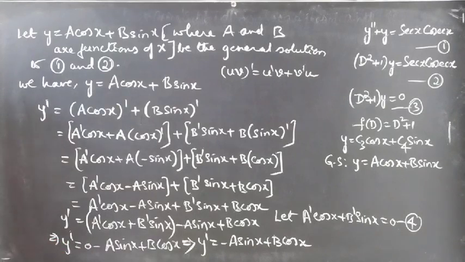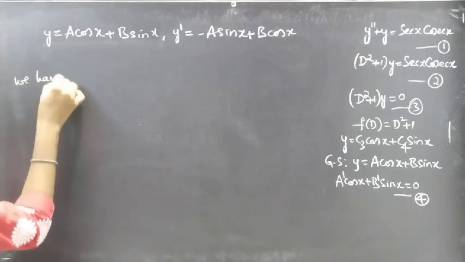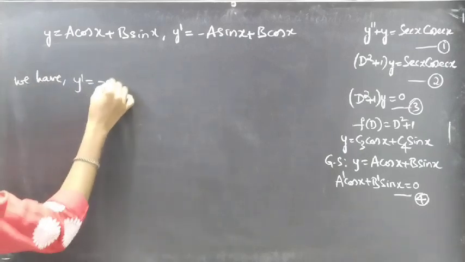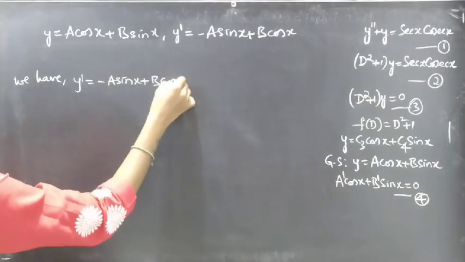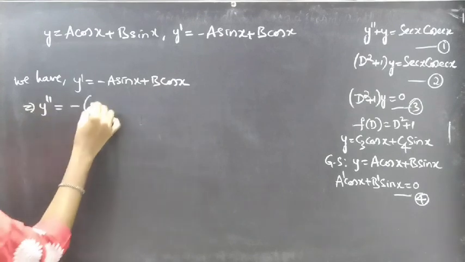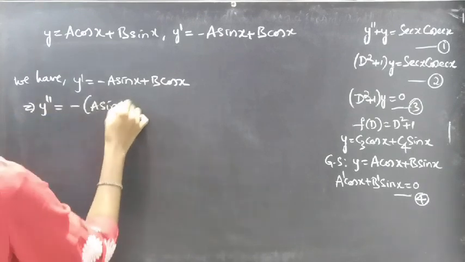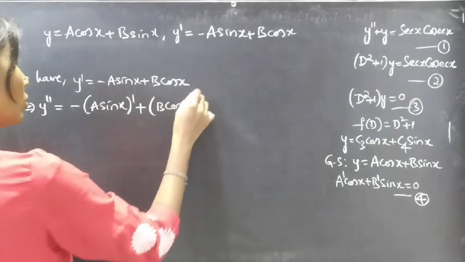Let's now find y double dash. We have y dash equals minus a sin x plus b cos x, right? Y double dash equals minus of a sin x whole dash plus b cos x whole dash, right?